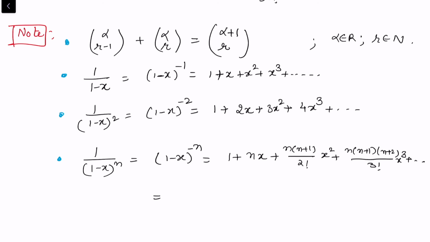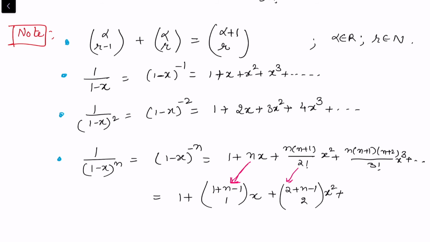I can also write this as 1 plus (n minus 1 choose 1) times x. So this n can be written in the form of the binomial coefficient. This can be written in the form of (n plus 1 choose 2) x square.